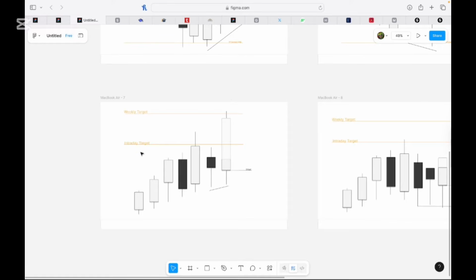As we see right here, we hit an intraday target, which can, for example, be the previous H6 and relevant high, relevant low, key levels. NQ hits the intraday target but doesn't reverse away.